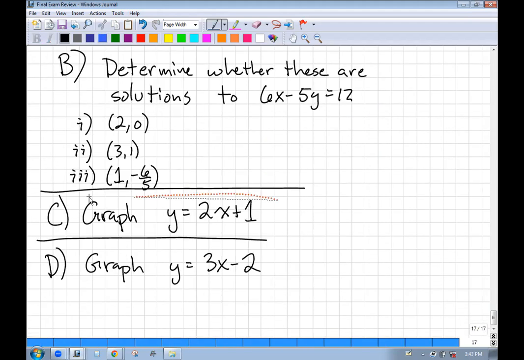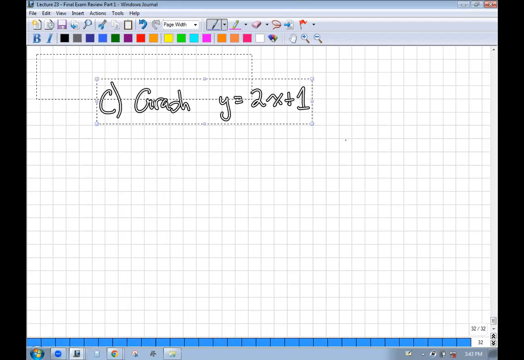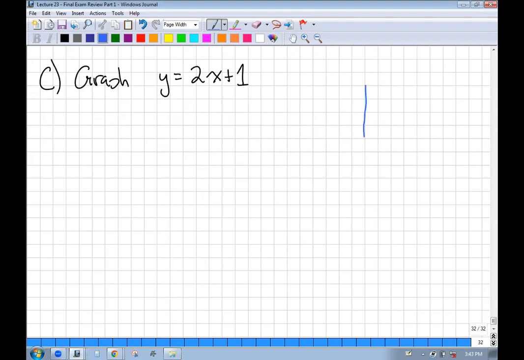Graph. Y'all need to be able to graph. So if I'm going to graph and do it right, here I see my m is 2, my b is 1. So my y-intercept here, right, is 0, 1, right?